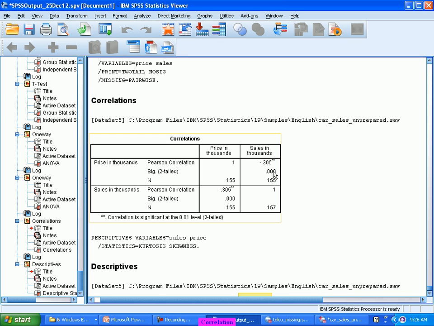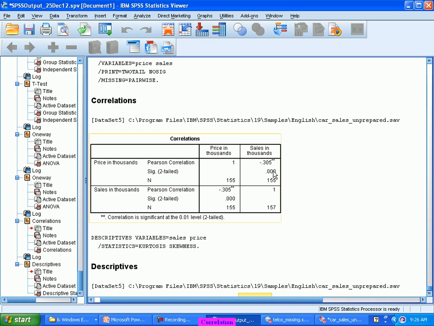There are 2 points to be analyzed in this table. The first one is the significance, which is 0.000, and the correlation is minus 0.30. So there is a negative correlation which is not that strong, it is weaker because of the absolute magnitude. The magnitude is only 0.3, way away from 1 or minus 1.